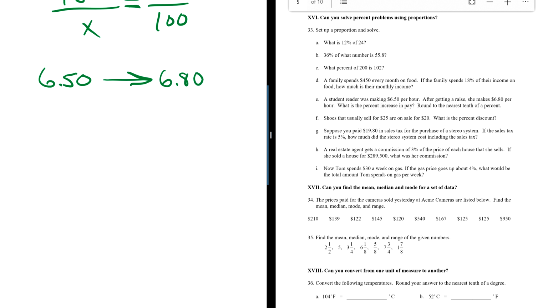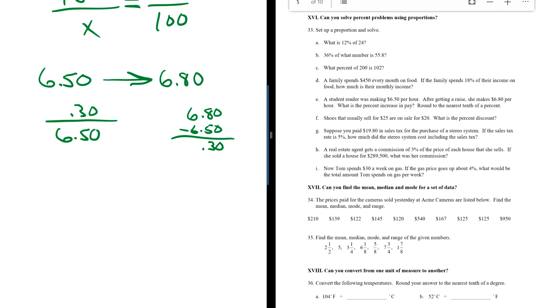What's the percent increase? So we subtract $6.80 minus $6.50, and we get 0.30. So the difference between these two numbers is 30 cents, and you take the 30 cents and divide it by the original starting amount, which is $6.50.